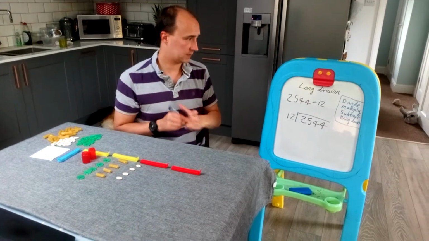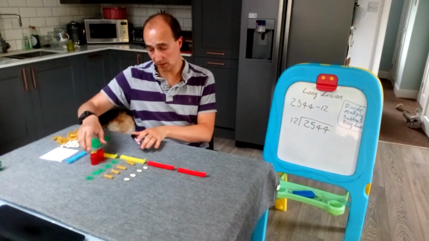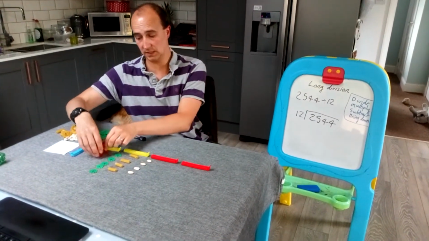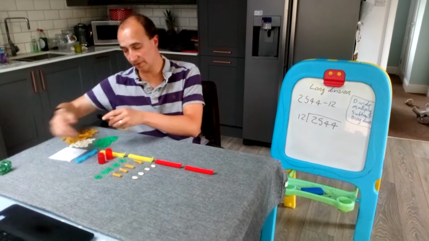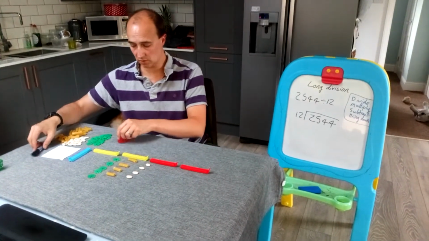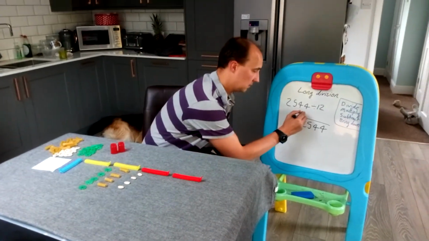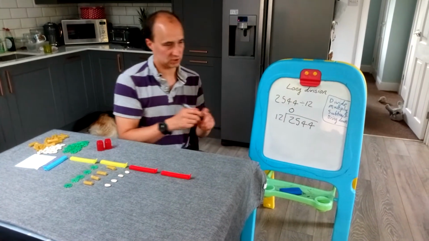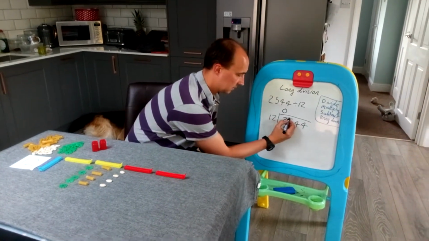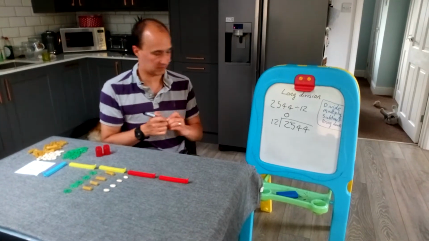So first stage then is divide. Can I divide these 2,000s into 12 equal groups? And the answer is no. So I lay my 0, and then I exchange. I'm just going to move that 2 across to remind myself that I've carried 2 over.